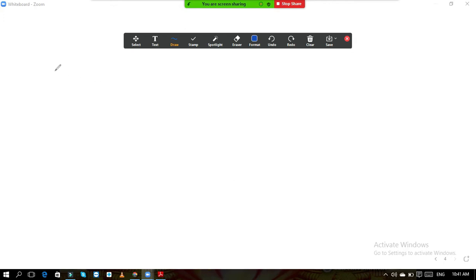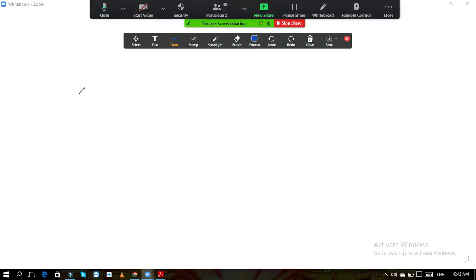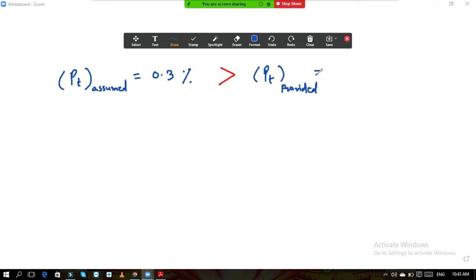So first, here you see the percentage of steel we assumed. Our assumed percentage of steel is 0.3%, which is greater than the percentage of steel provided. Okay, how much have we provided?